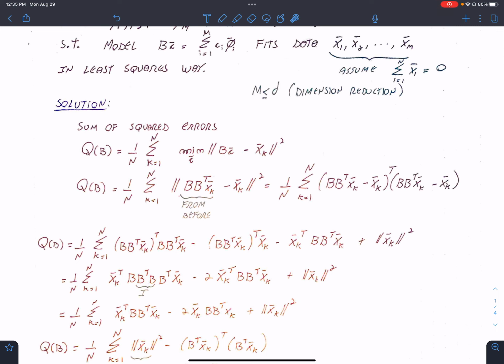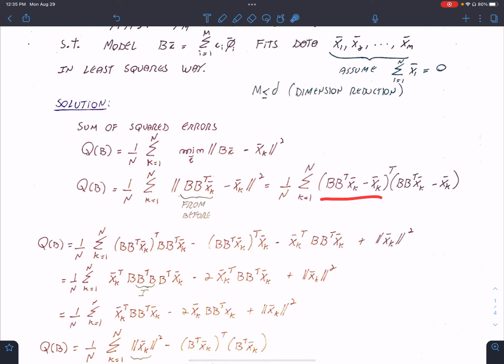And if we open up this norm, it is the vector transpose times itself, and we do all of these cross multiplications and group the terms. So first we do all the cross multiplications. Here is this times that. Here we have this times that. Here we have this times that.